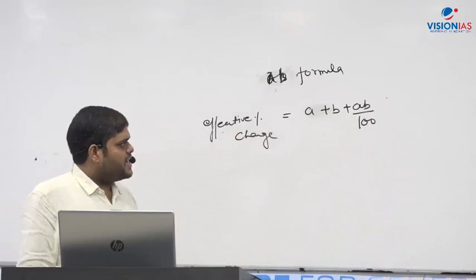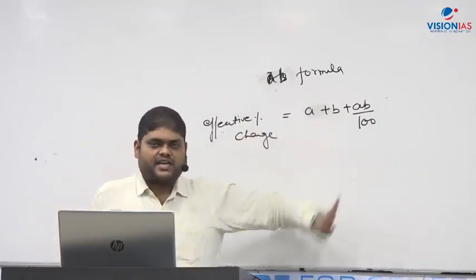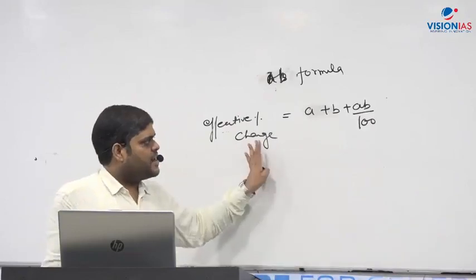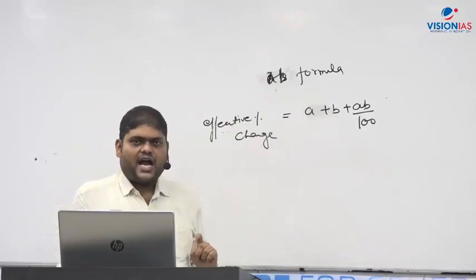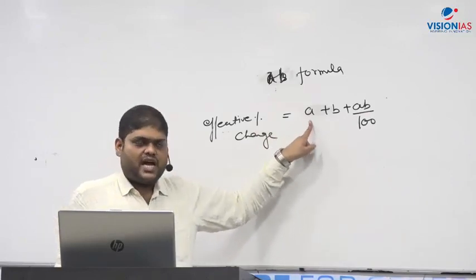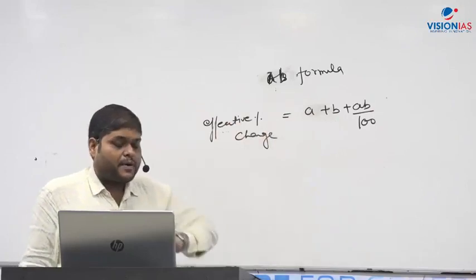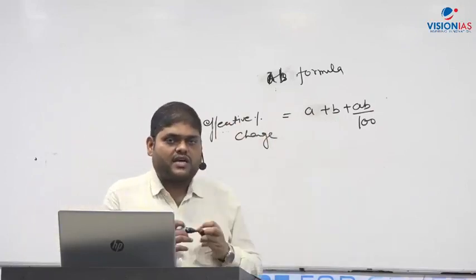What is this AB formula saying? If there are two successive increments or decrements, then we can apply this AB formula, and if increment is there, we will take the value as positive. If decrement is there, we will take the value as negative. For example, yesterday we did one question.